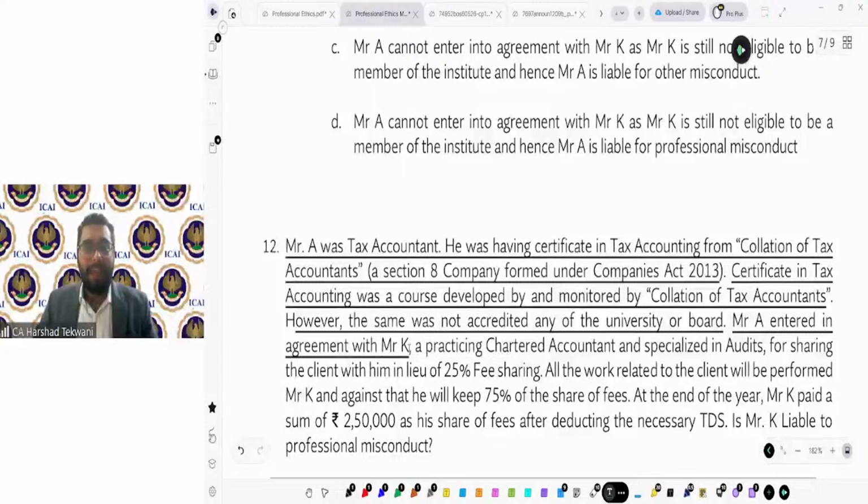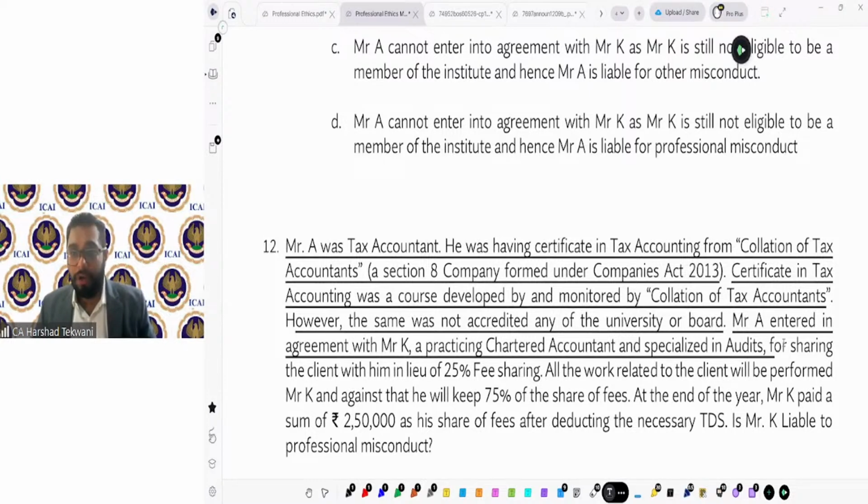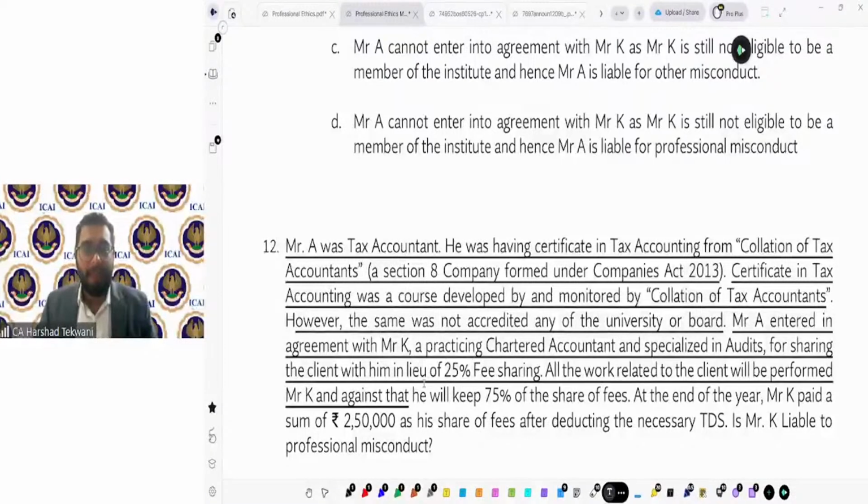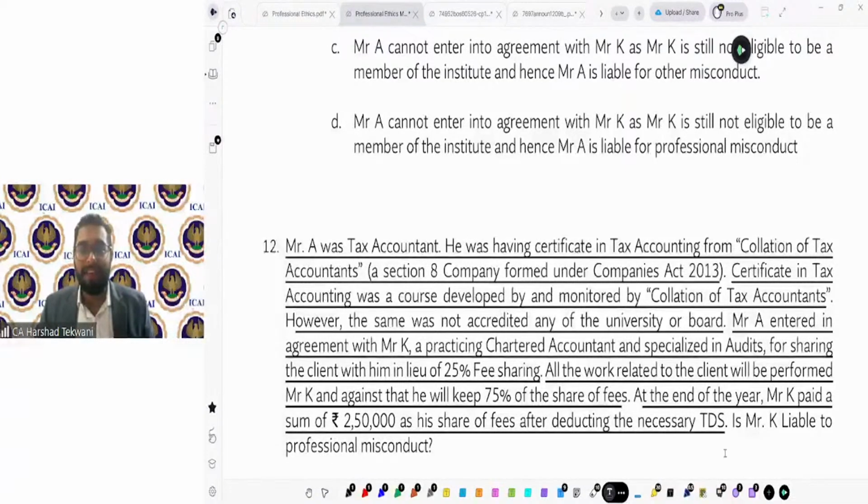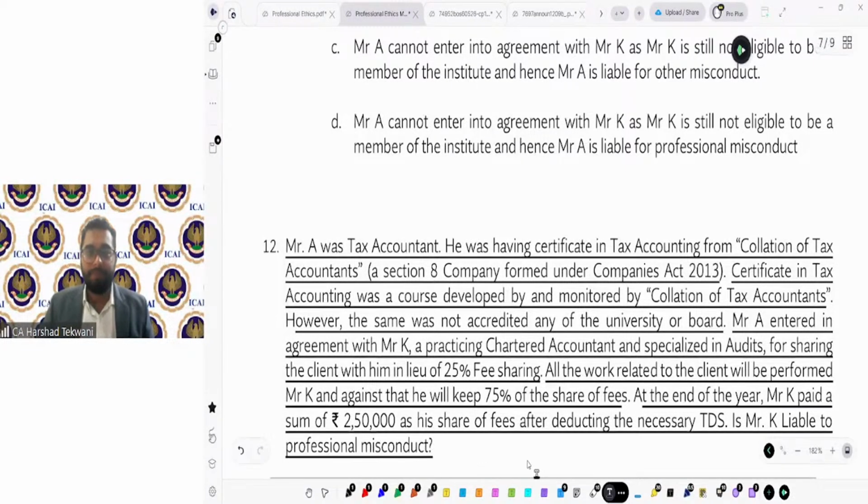Mr. A entered into an agreement with Mr. K, a practicing chartered accountant specialized in audit, for sharing the client with him in lieu of 25% fee sharing. All the work related to the client will be performed by Mr. K, and against that, he will keep 75% of the fee. At the end of the year, Mr. K paid a sum of 2,50,000 as his share of fees after deducting necessary TDS. Is Mr. K liable for professional misconduct?